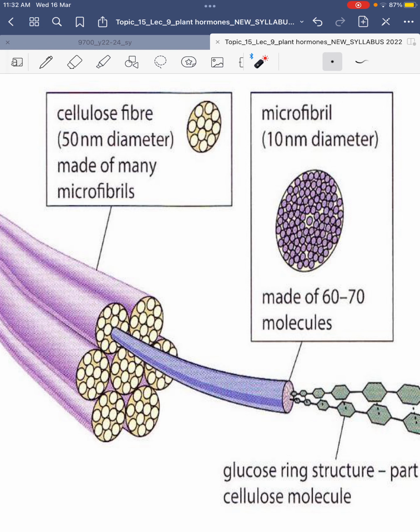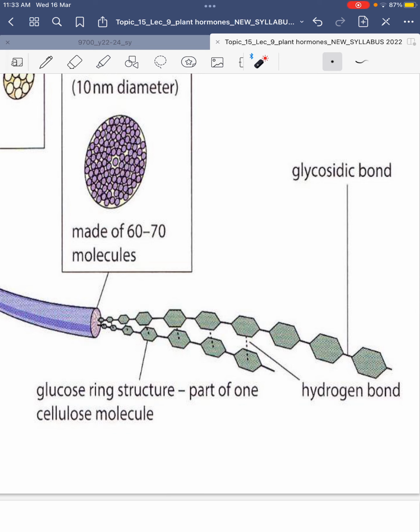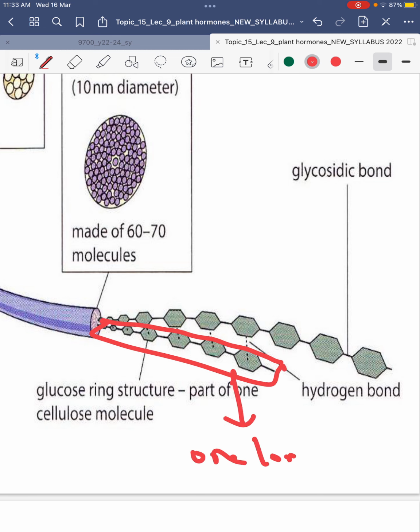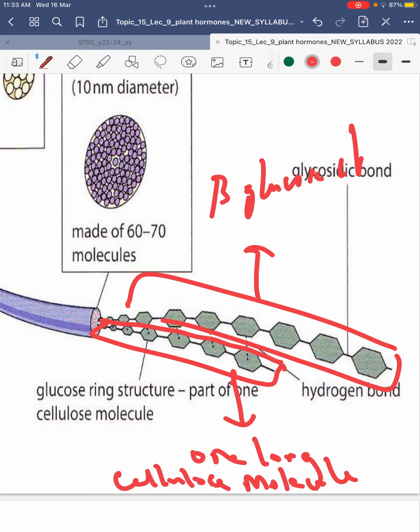And within each microfibril, you will see that there are lots of these cellulose molecules. Now this is one cellulose molecule, one long cellulose molecule. In my lower 6 slide, I also call this one a beta glucose chain.